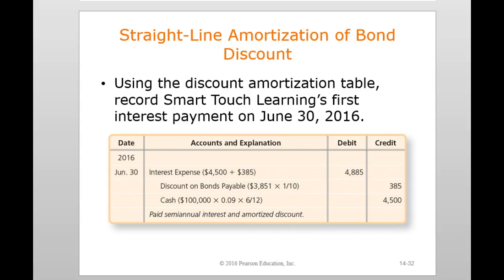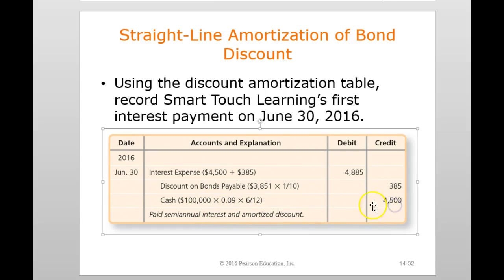And this is what you end up with. So the first payment comes along. We're going to pay cash of $4,500. We're going to pay that 9% no matter what the market rate is. We are going to apply, which means we're going to take some of that discount and amortize it now, which is going to increase our interest expense right here.